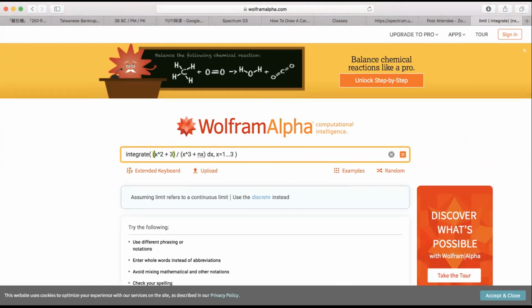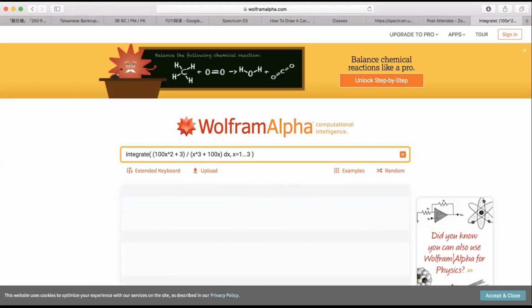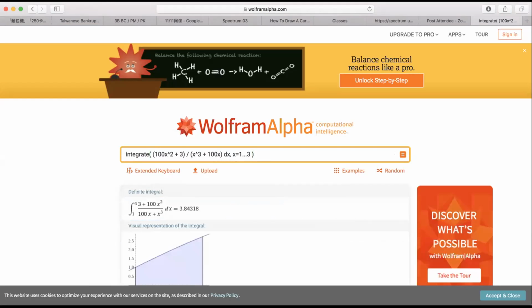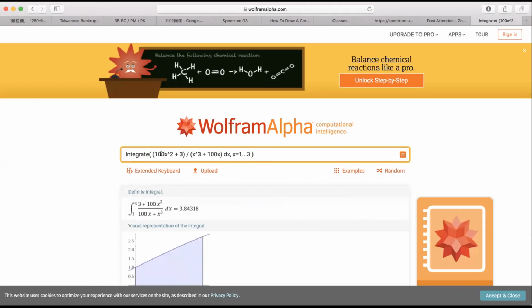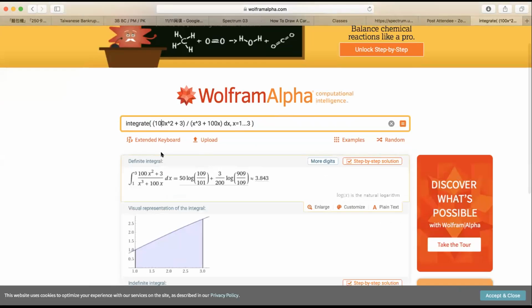Let's make my n quite large. Let's say I make it 100, and we see what happens, right? Let's try. Yeah, you see, you put 100, you get something like 3.84, because instead of giving a general solution, Wolfram is basically using numerical integration. So it's very fast, right? So you can use this way to check.